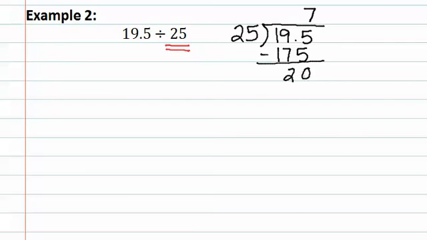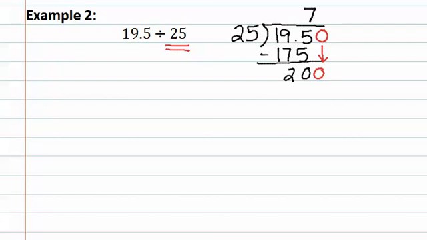As you can see, we did not get a remainder of 0, and when doing division with decimals, we do not want to write a remainder. Instead, we want to continue dividing until we get a remainder of 0. This means that we may need to add a 0 at the end of the problem and then bring it down.